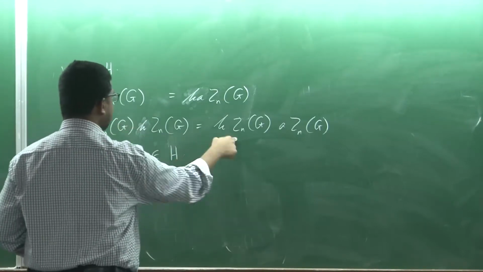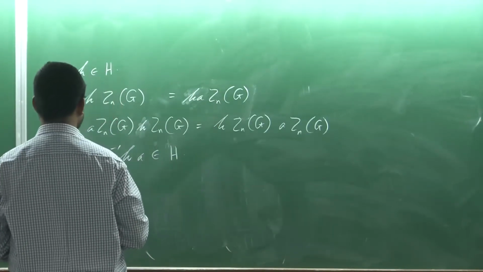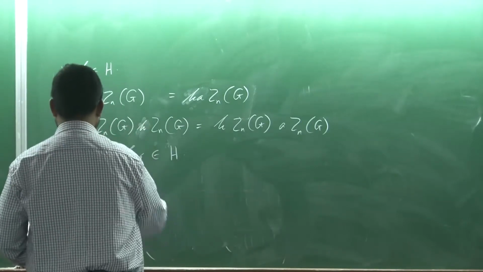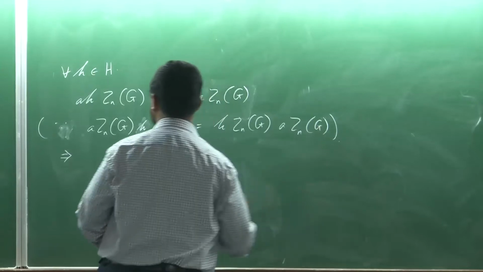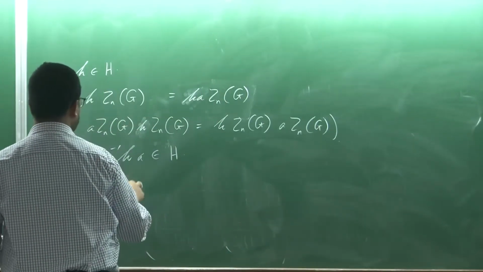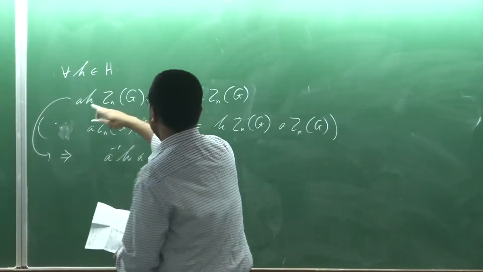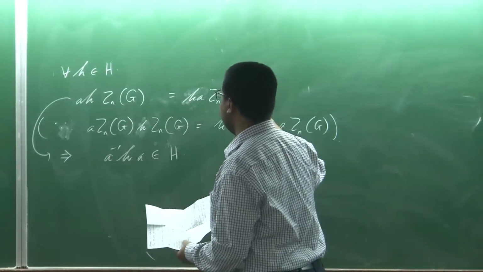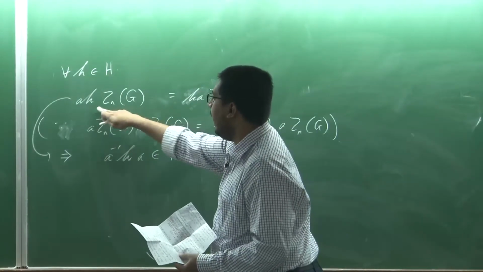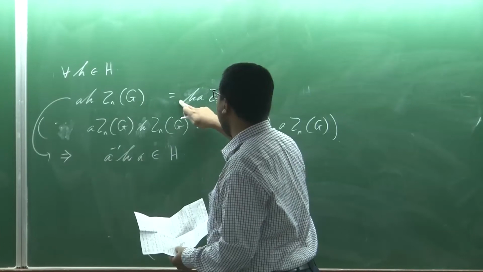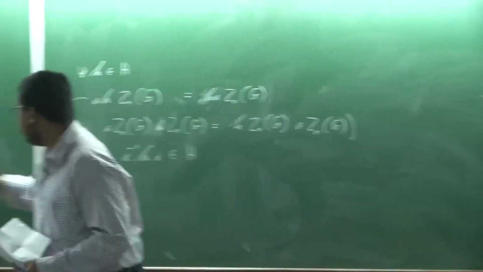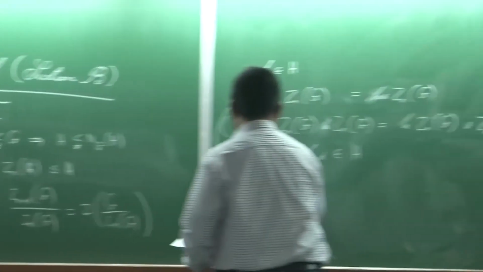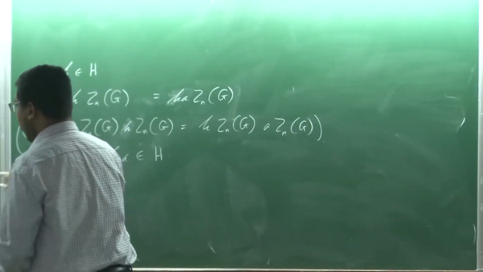So this step is nothing but a justification of this. Now from here, because this shows that A inverse hAZ_n is basically hZ_n, thus A inverse hA is contained inside H because Z_n is contained inside H. This is for any h.